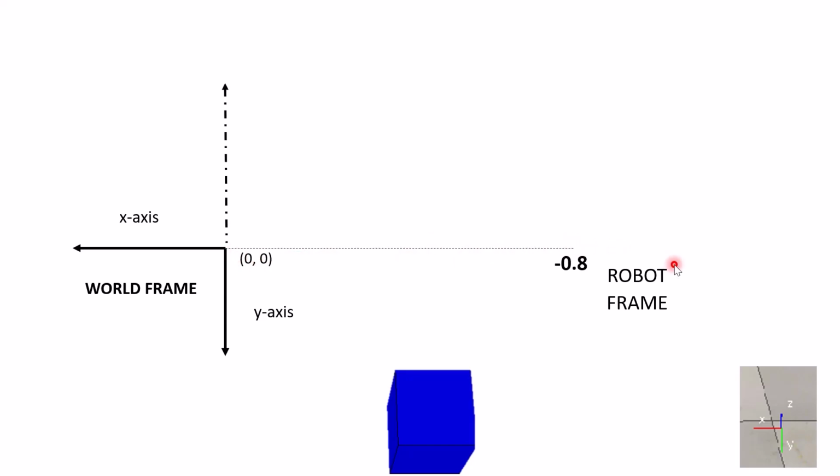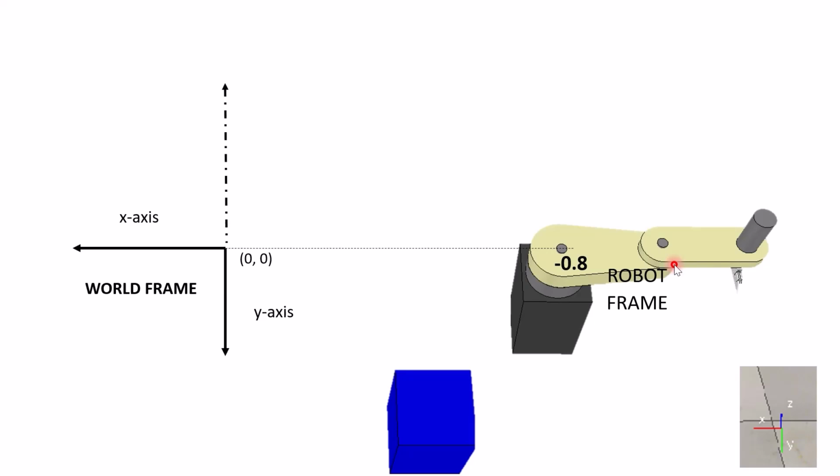In other words, the robot with its own axis at joint 0 is minus 0.8 away from the world frame, and we have the robot frame axis of x and y, which is different from the world frame. The x-axis is opposite of the x-axis of the world frame, and the y-axis is opposite of the y-axis of the world frame.